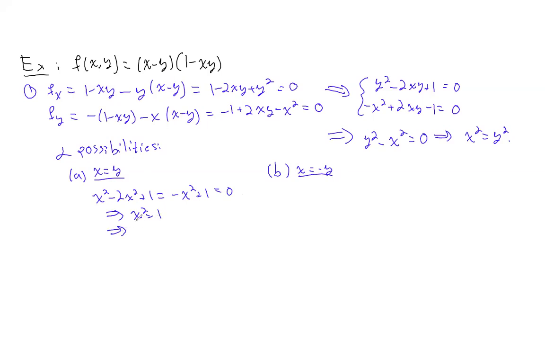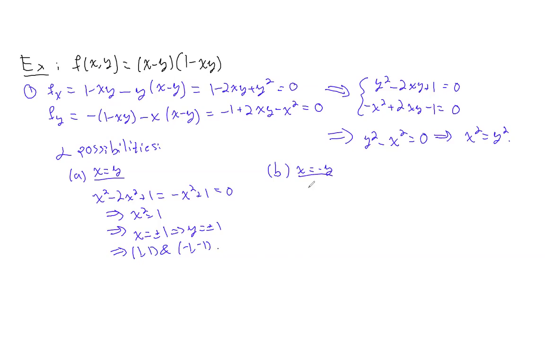And if x squared equals 1, that means that x equals plus or minus 1, which means that y equals plus or minus 1. That leaves us with the critical points (1, 1) and (negative 1, negative 1).